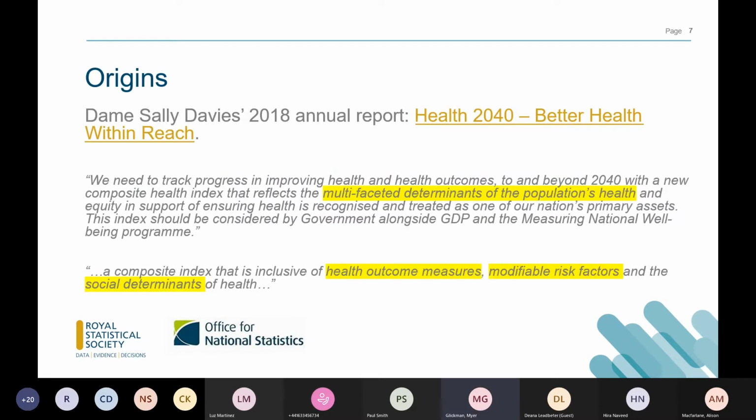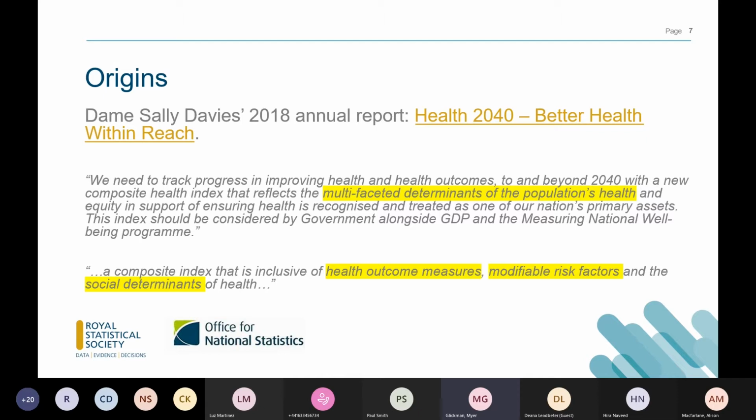The background to this, I think some of you will know, comes from Dame Sally Davies, the former Chief Medical Officer at DHSC, and her 2018 annual report. And she was very much looking at the future of health and health policy, and how health can really be integrated into policies as an important aim of government.